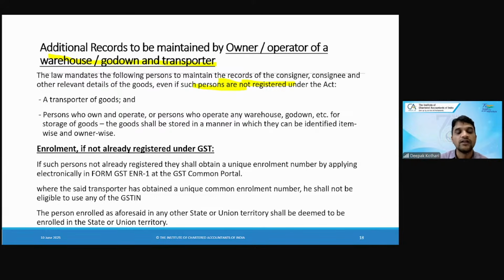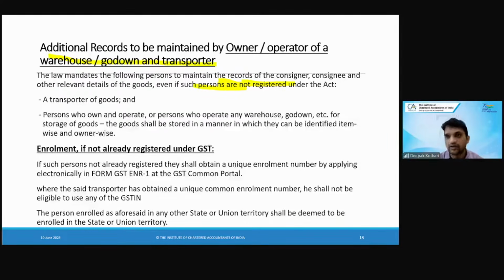They have to maintain records of transporter of goods and persons who own or operate any warehouse. The goods shall be stored in a manner in which they are identifiable item wise and owner wise. These details have to be maintained by them.